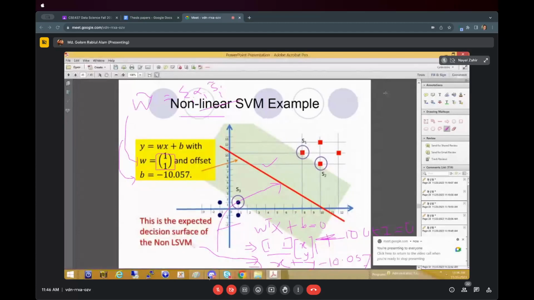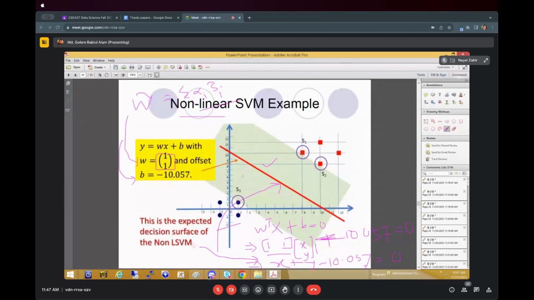And then we have to apply it to our hyperplane equation. If it provides us a positive value, then positive plus. If it provides us a negative value, then negative plus. So this is how we can solve the nonlinear problem.